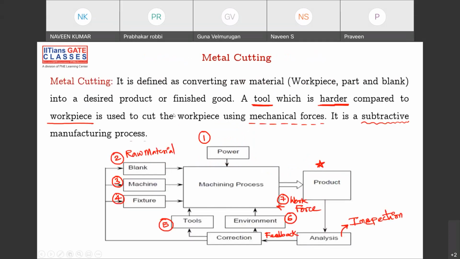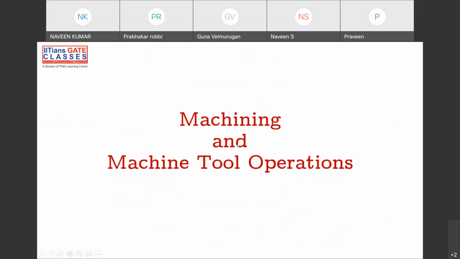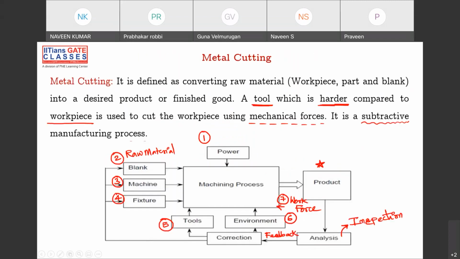Fine. So first thing is metal cutting. In machining and machine tool operations, metal cutting is the first topic. Here the important thing is a cutting tool. Somebody told a tool is a part in a machine, sir. Prakar, I think. A cutting tool is harder compared to the workpiece.